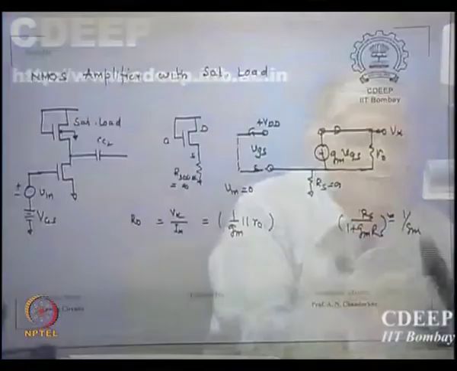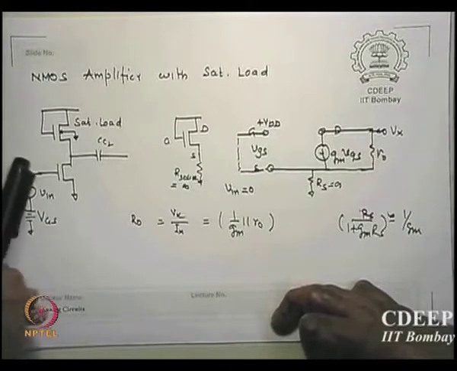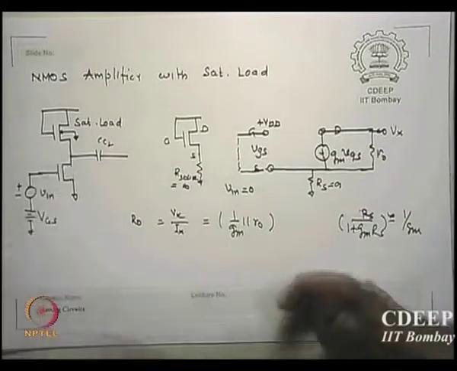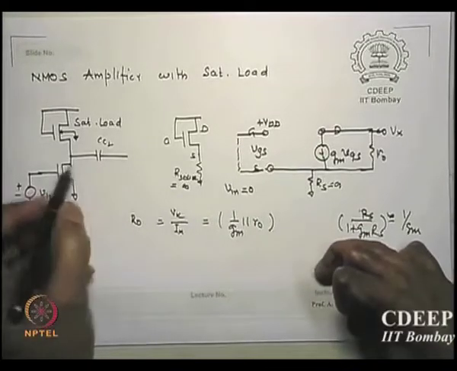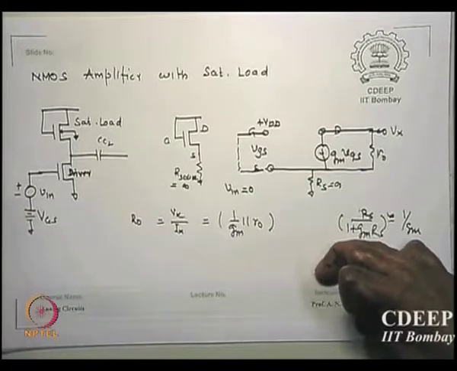Before we quit this area, quickly, I'll not solve all of it. There are different kinds of load, I say, in the case of MOS amplifiers. By the way, this terminology you should use. Where input is connected, that transistor is called driver, and the resistance is replaced by a transistor, that is called load.